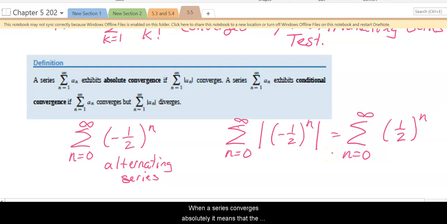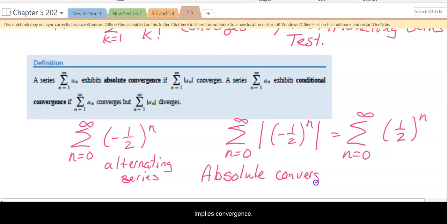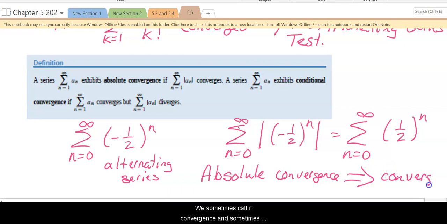When a series converges absolutely, it means that the alternating series also converges. In other words, we can write in words that absolute convergence implies convergence. We usually use an arrow to show this. We sometimes call it convergence, and sometimes we call it conditional convergence.